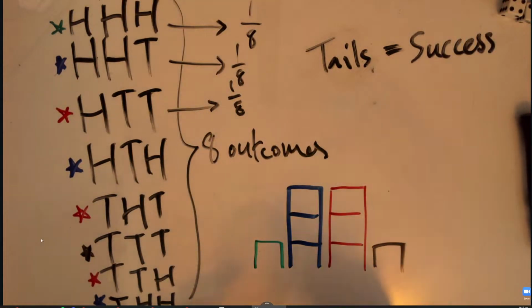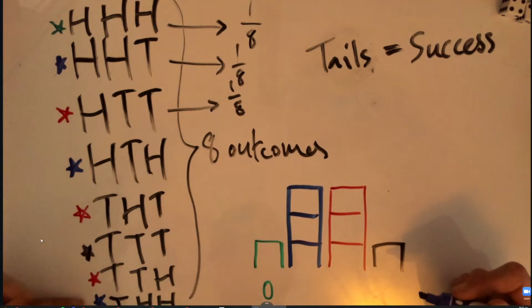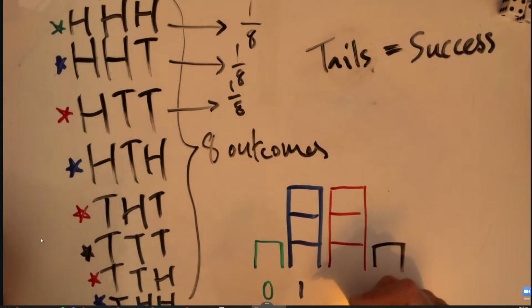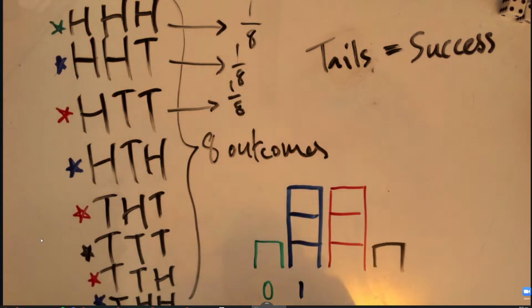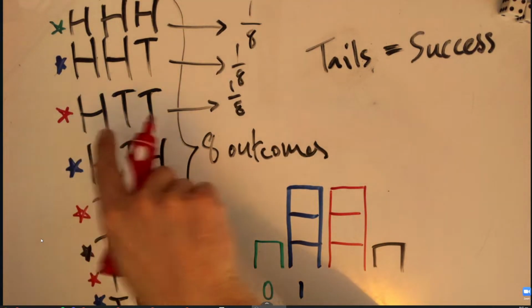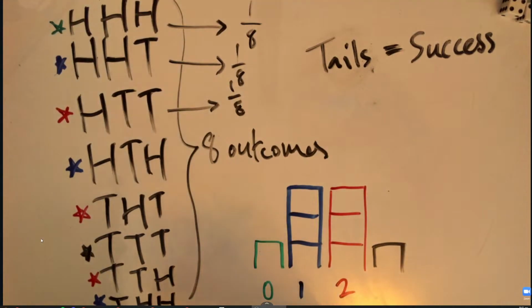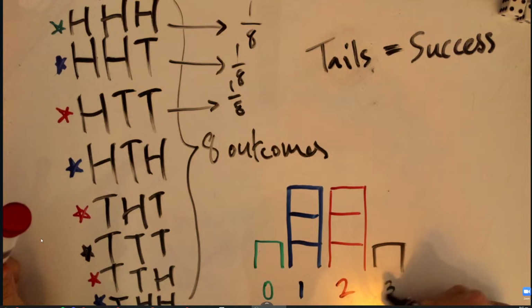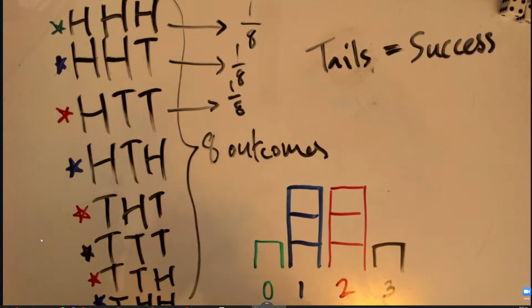So this one here, how many successes do we have? 0 successes. In the blue one, there were 3 times that only 1 success happened. And in the red one, see how it's 2 successes each time? So that would be 2. And finally, there's only 1 time where you get a triple success, so 3 successes. So on the bottom here, we're building up our counts.